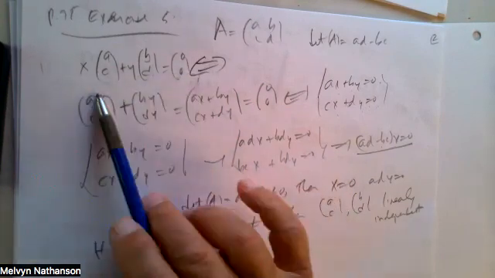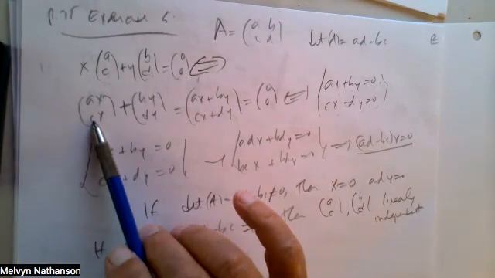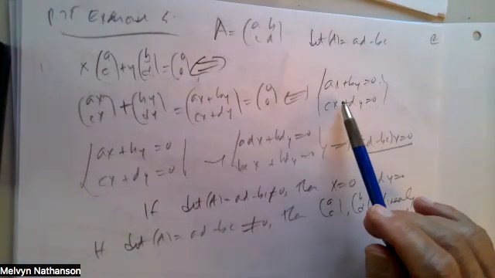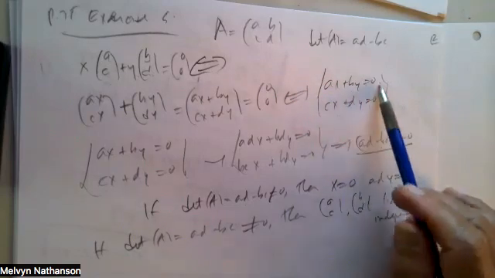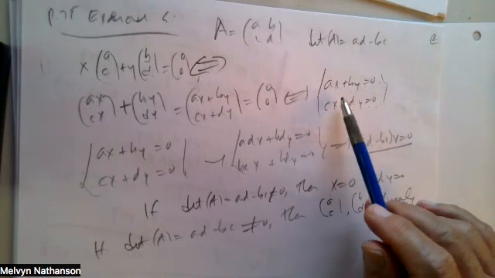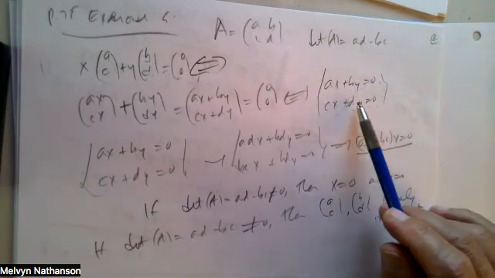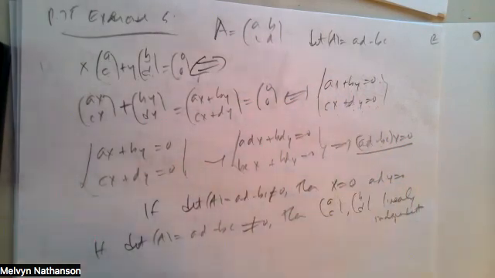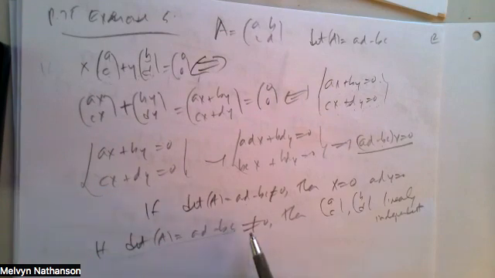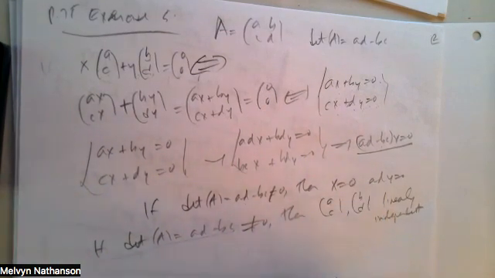But if you have this linear combination of the column vectors equal to 0, that's exactly equivalent to saying that X and Y solve this system of two equations and two unknowns. And if the determinant is different from 0, the only solution of these equations is X equals Y equals 0. So that's the proof that if the determinant is non-zero, then these two vectors are linearly independent.